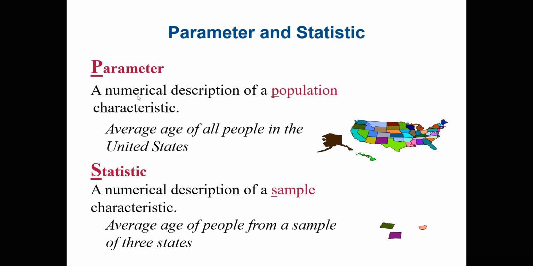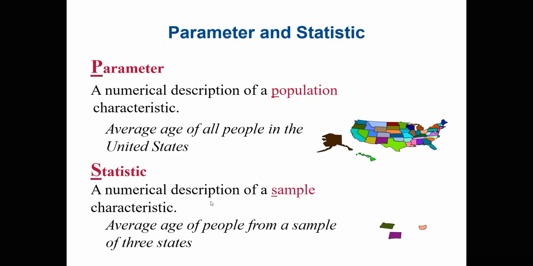Let's take a look at some important words. So when we talk of a parameter, it's a numerical description of a population characteristic. For example, if you compute the average or the standard deviation from population data, you call that a parameter.